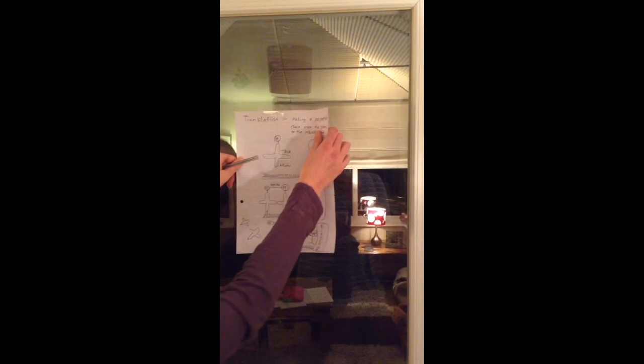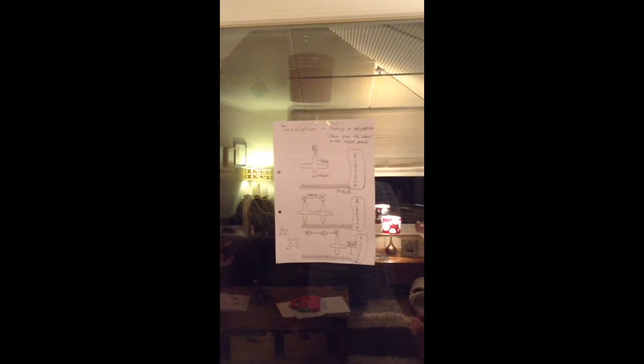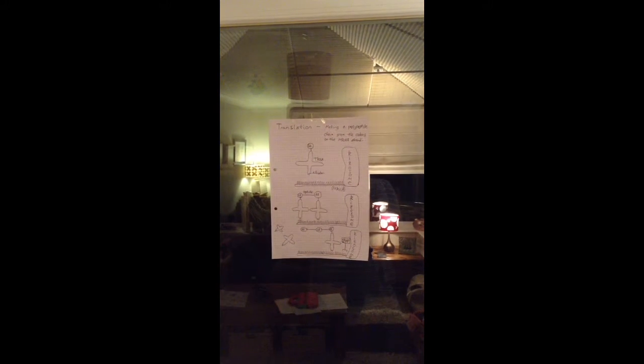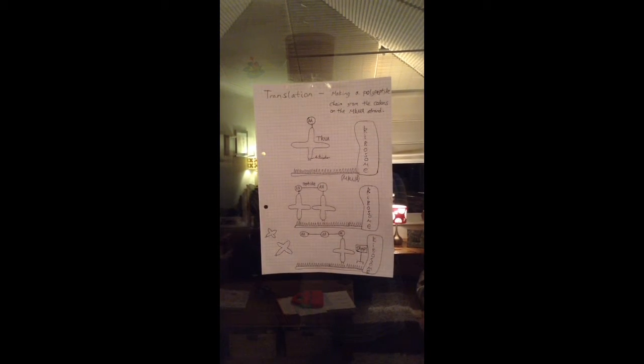And the next process is called translation, which is the next part in protein synthesis. So this involves making a polypeptide chain from the codons of the mRNA strand.